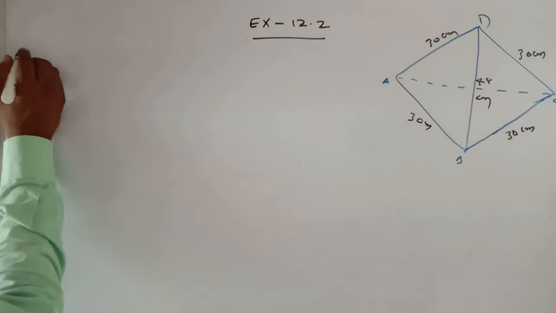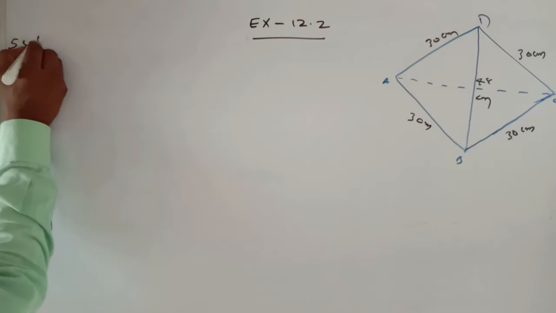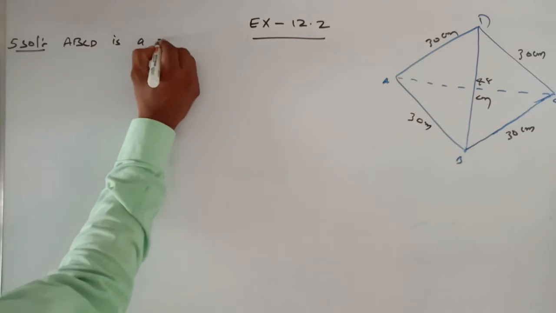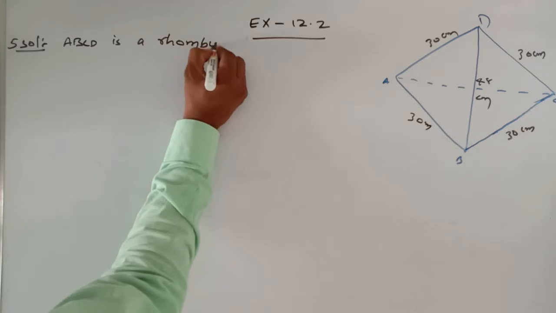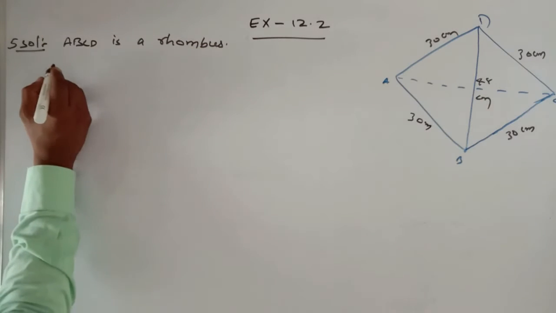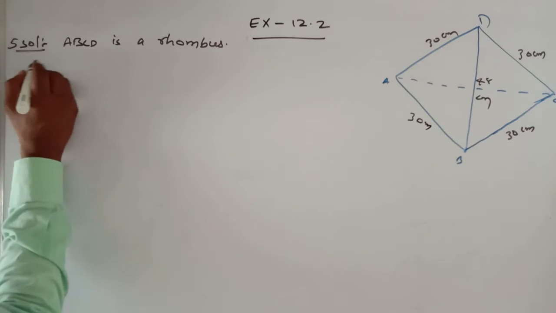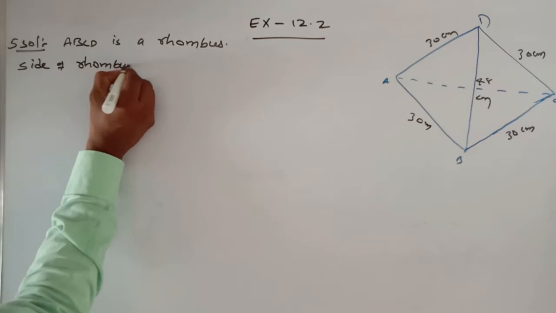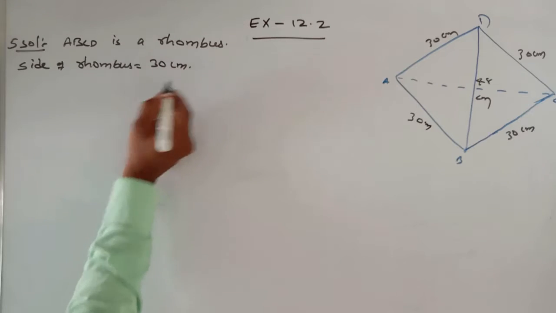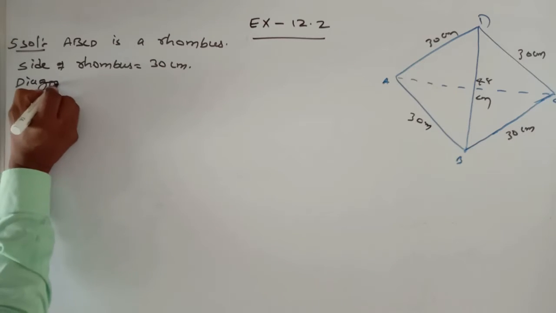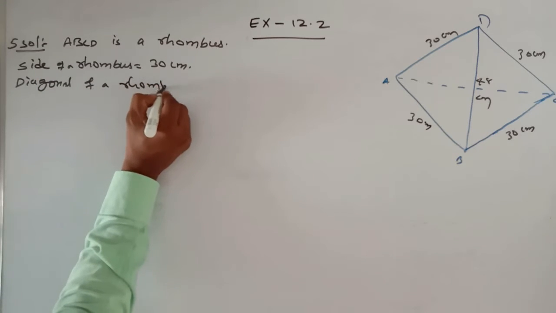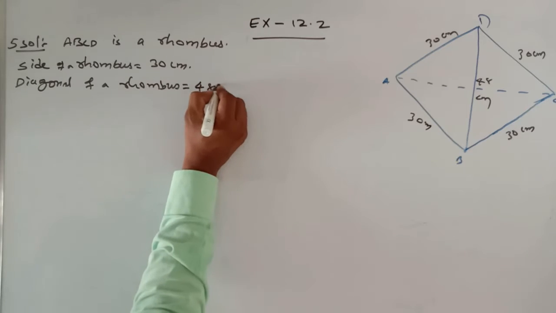So here the solution is: ABCD is a rhombus, the side of the rhombus is equal to 30 meters, and the diagonal of the rhombus is equal to 48 meters.